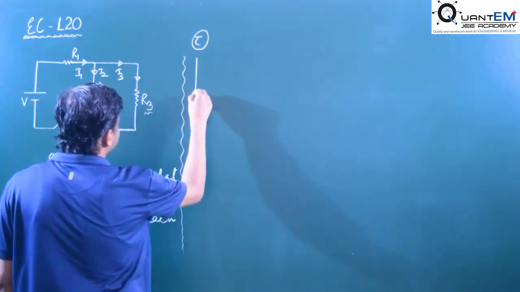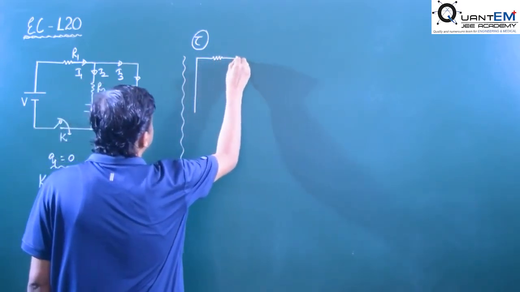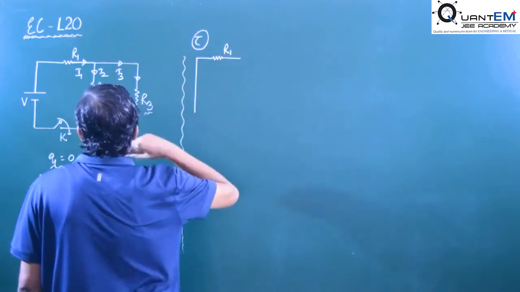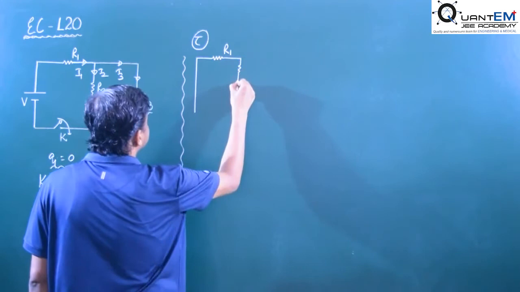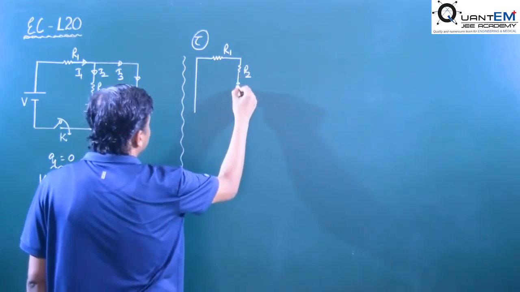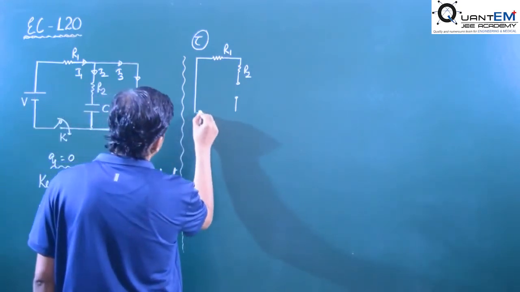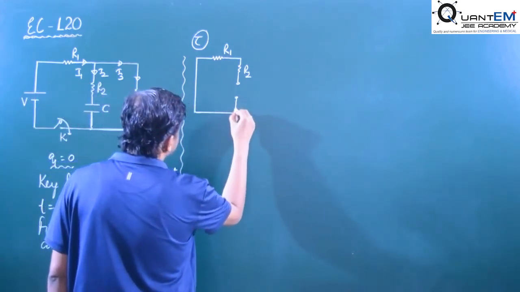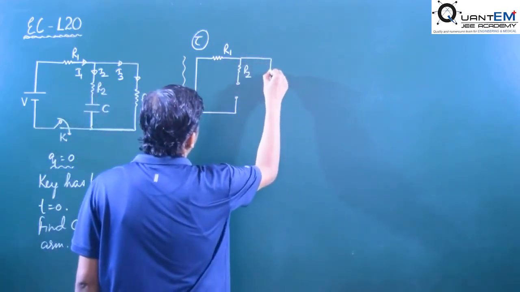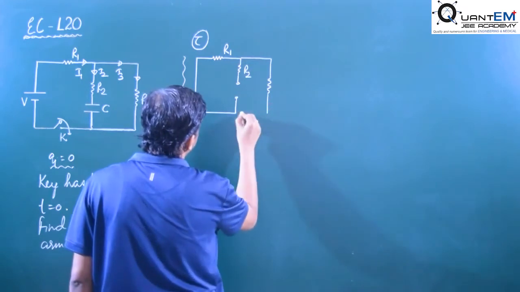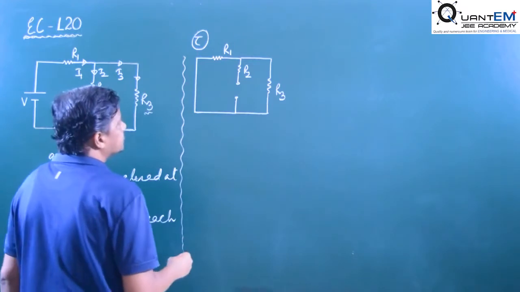The battery should be short circuited. This resistance we have R1, this resistance is R2. We have to find equivalent resistance between the terminals of the capacitor, and this side resistance we have R3.